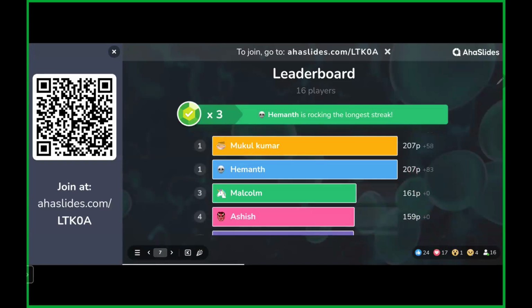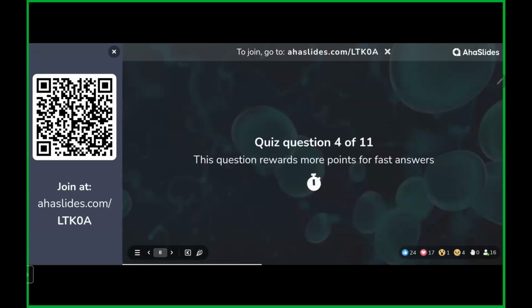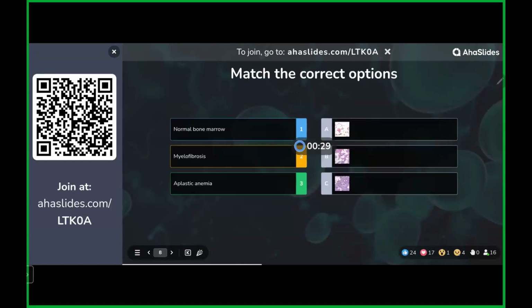Mukul was very on point. He got the hard one correct. So did Malcolm. Let's see who gets this. I think this might be a confusing one. I think if you know something known as fat cell ratio, you can do it.